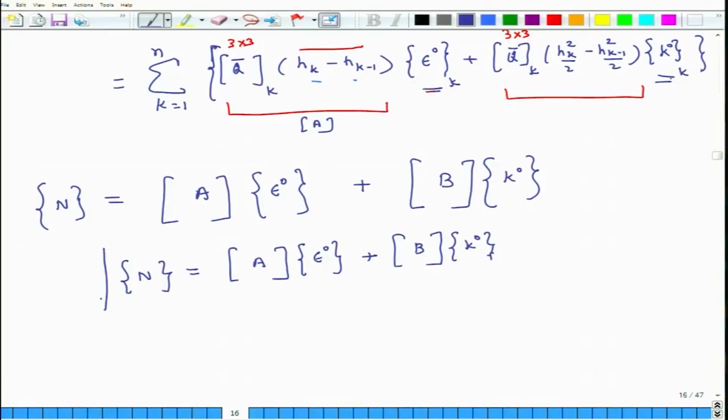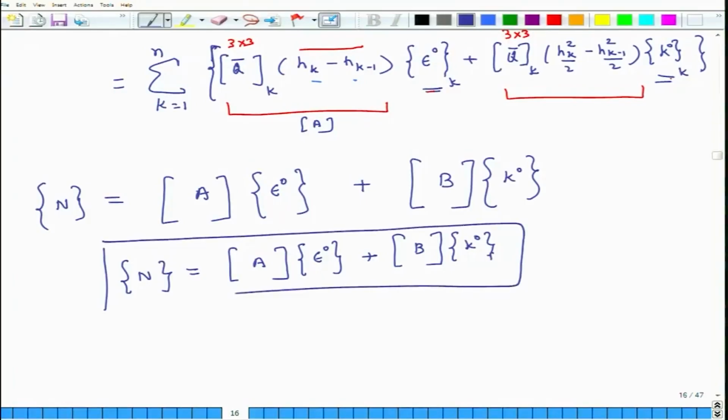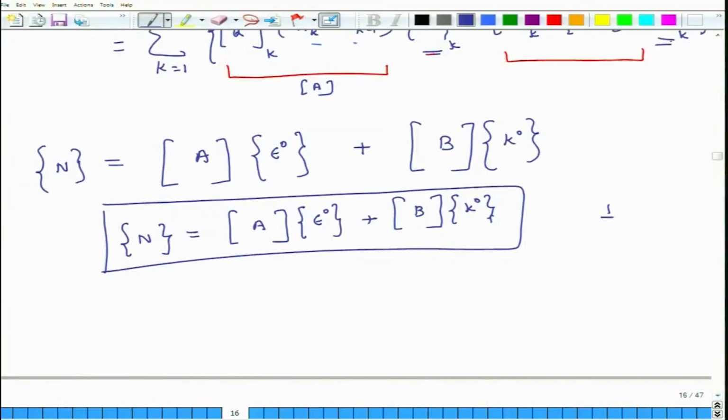This is one set of equations, and these equations connect force resultants to mid plane strains and mid plane curvatures. So, if for a composite laminate I know the force resultants on the outside edges, the force per unit length being applied, then I can calculate mid plane strain and mid plane curvatures using these relations. So, this is set 1.